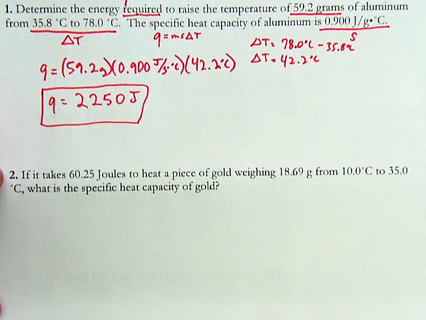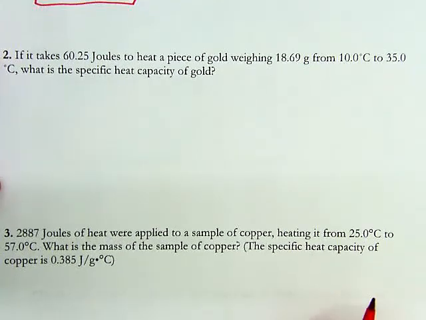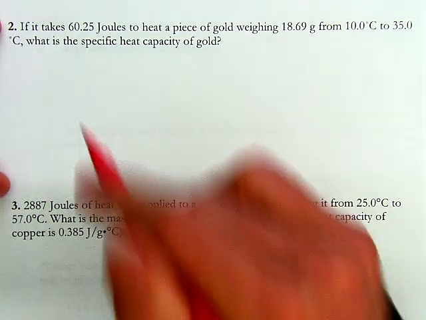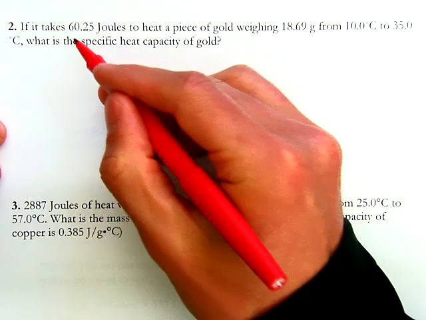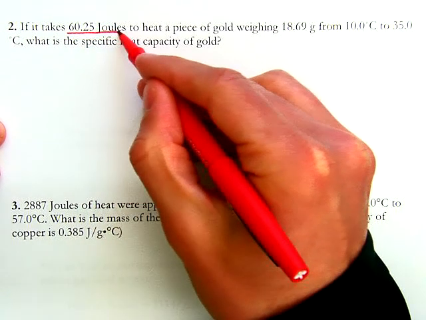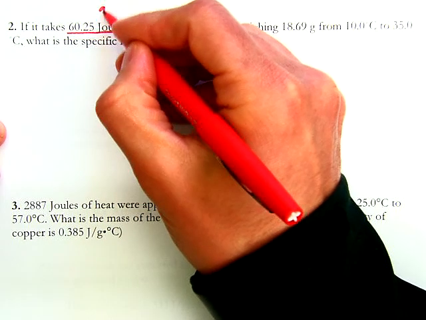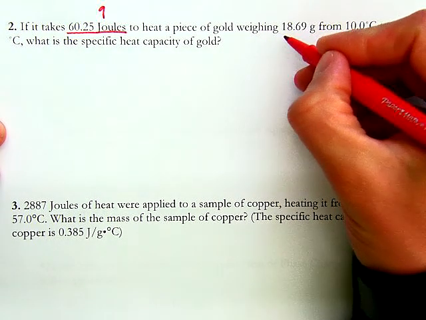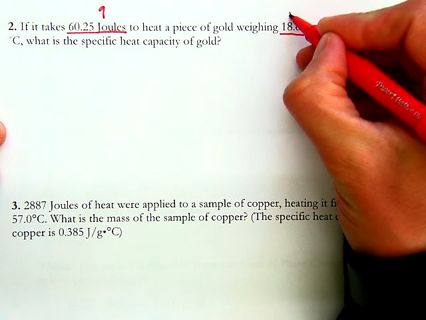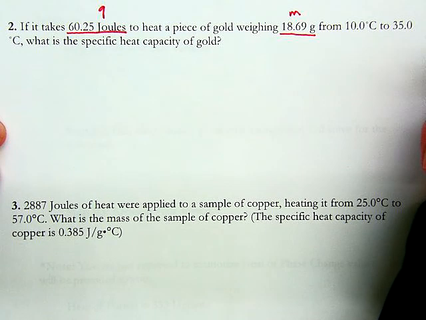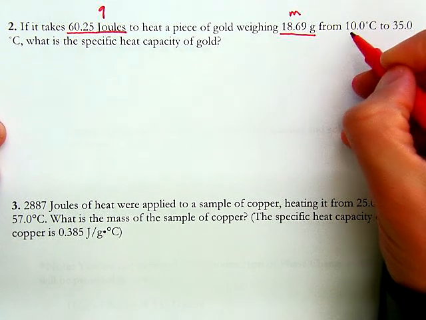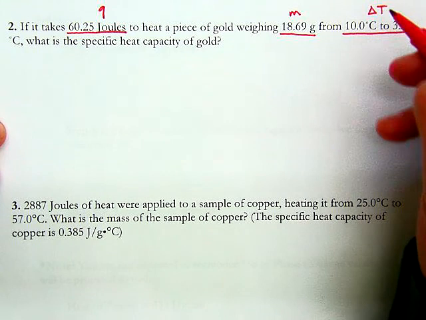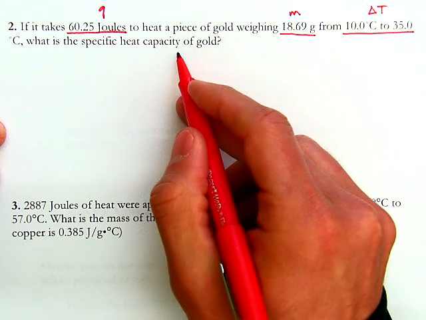Now we're going to do a problem that's solving for a different variable. So number 2 says if it takes 60.25 joules. Now you notice this is joules. Joules is our unit for Q. So that is our Q. All right, now it's a piece of gold which has a mass of, this is our mass, about 18 grams. And then we have a temperature change. And the question is asking what is the specific heat capacity?